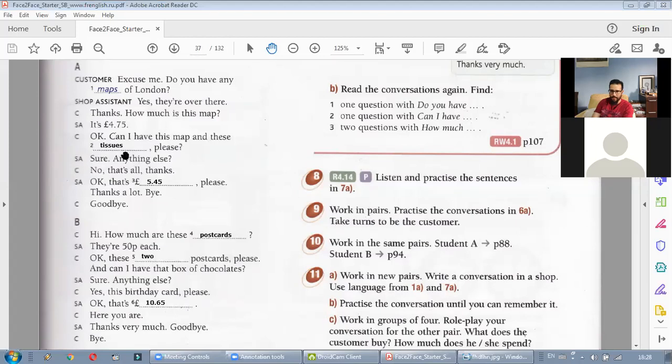Sure. Anything else? No, that's all, thanks. Okay, that's £5.45 please. Thanks a lot.